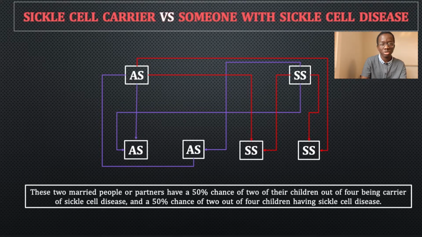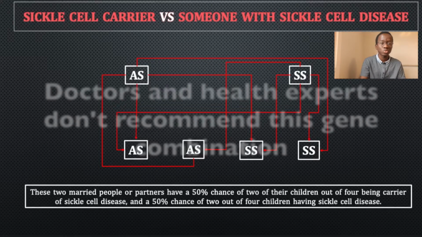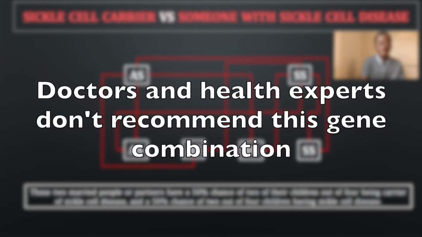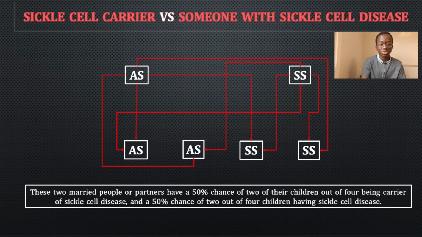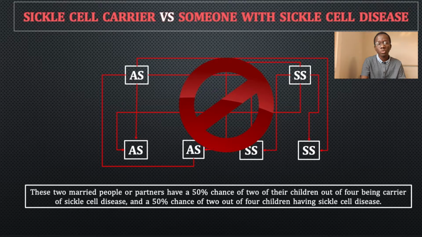There is a high probability they will have a carrier of the disease, and also a high probability they will have the disease. A lot of health professionals and doctors don't consider AS and SS in combination. That's why I put it in red.